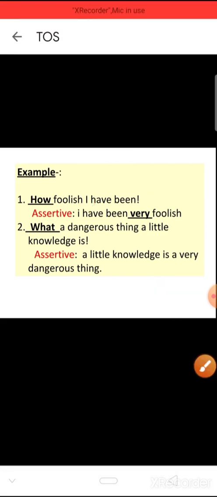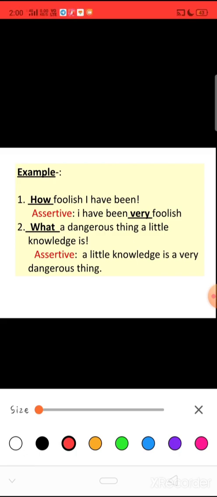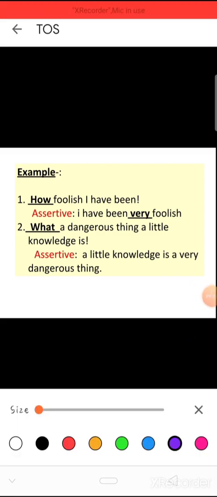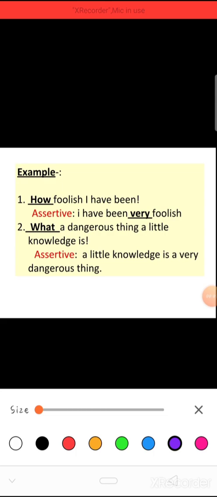Now let us see the next example. The next sentence is, what a dangerous thing a little knowledge is. Here, when we have to change an exclamatory sentence into an assertive sentence, we have to just remove what. Here we will remove what, and we will first write the subject.